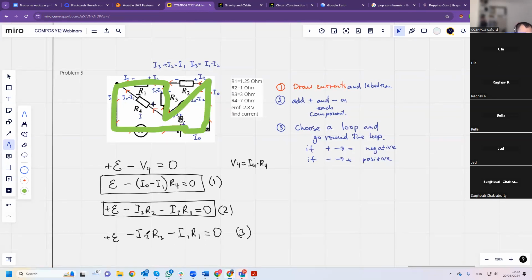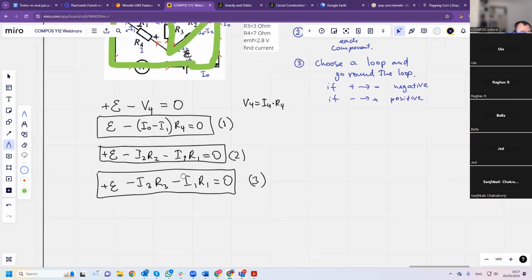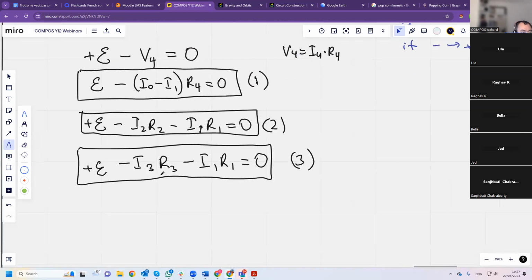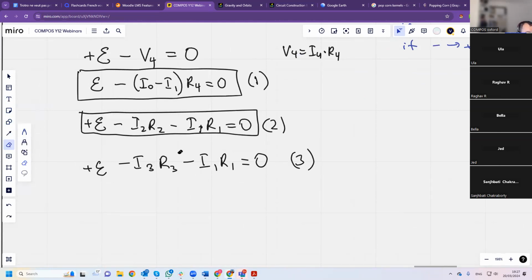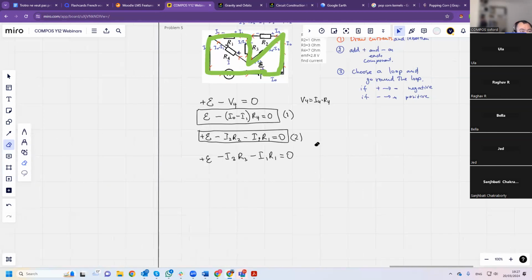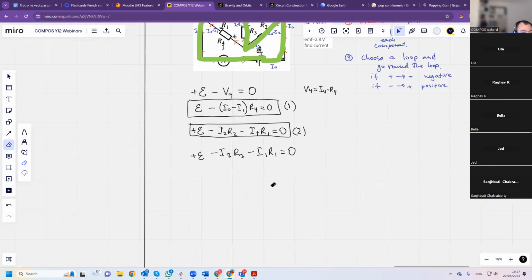So I should be fine, 3 equations and 3 unknowns. Oh, sorry, I can't use I3 because I don't have I3. Instead of I3, I have I1 minus I2. So I'm going to rewrite this: EMF minus (I1 minus I2) R3 minus I1 R1 equals 0. And that's my third equation.